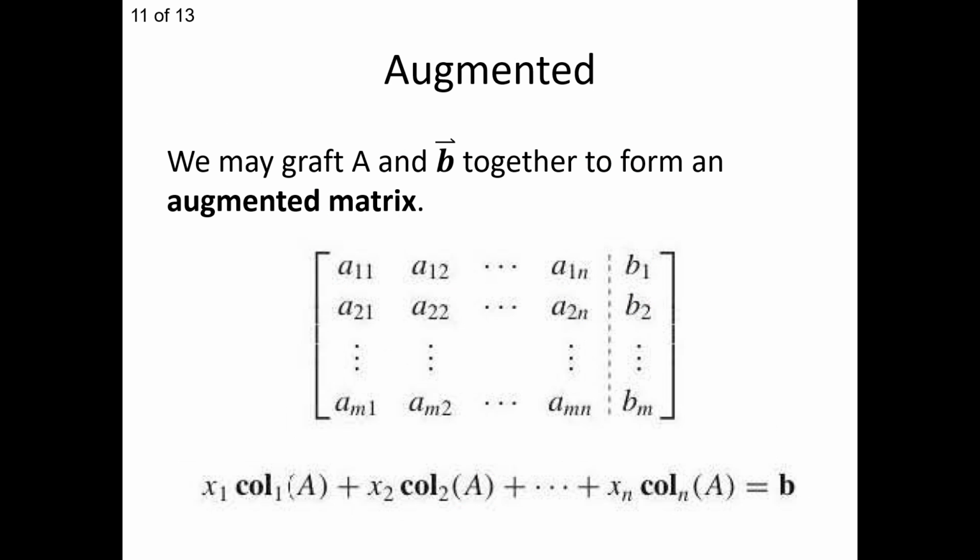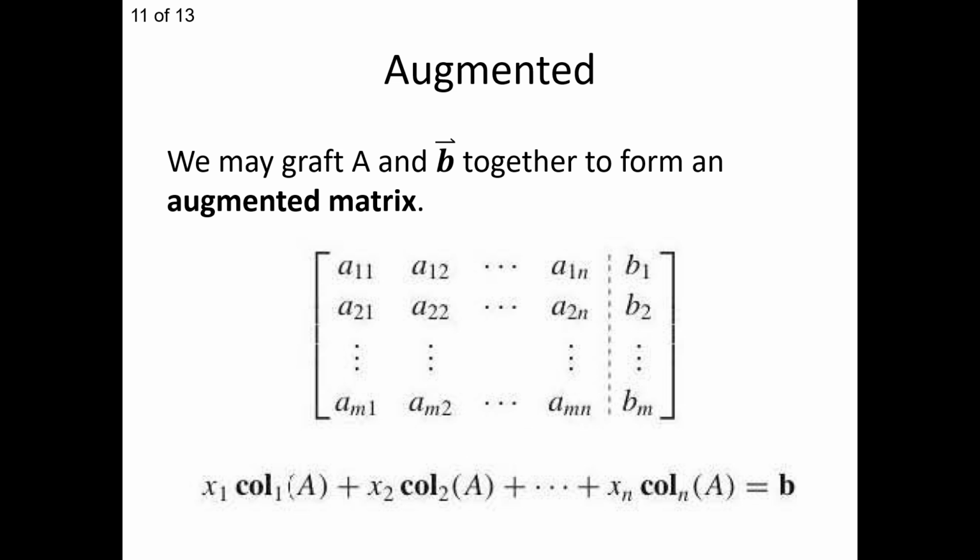An augmented matrix means we basically graft two matrices together. In order to do this, they have to have not the same dimension, but the same number of rows. We can actually graft if they have the same number of columns as well, but typically in an augmented matrix, we graft such that they have the same number of rows.